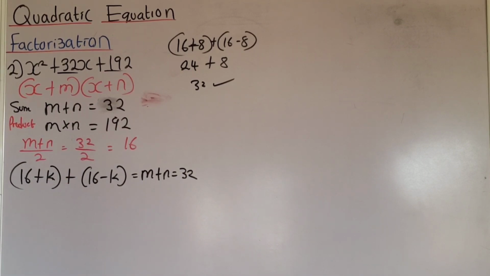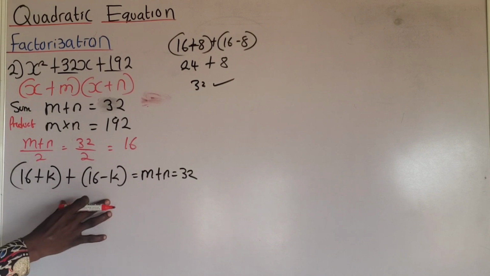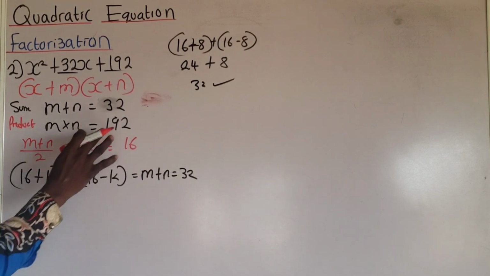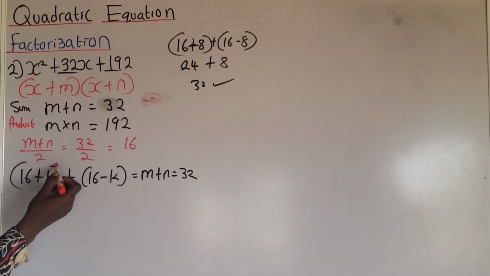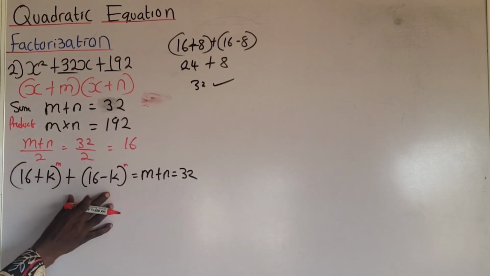Do you understand? Okay. So now, since we know that the sum must be equal to 32, that means that their product as well must be equal to 192. Let us represent this bracket as m and this as n.